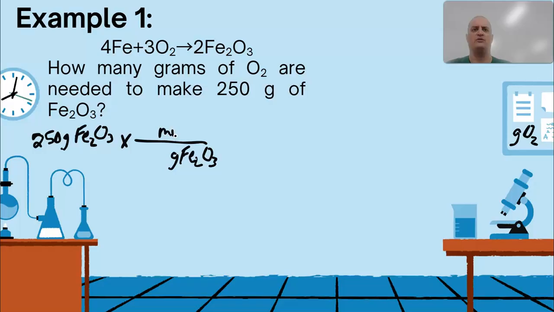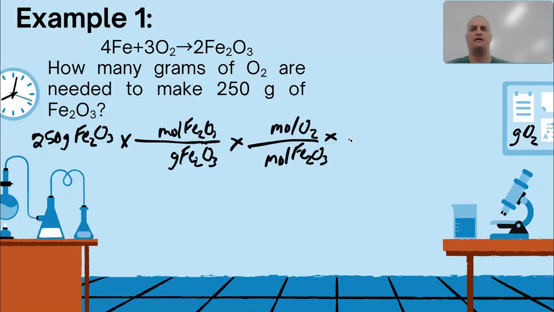Grams are related to moles of the same substance. I'm not in O2 yet, so this would be moles of my neighbor, Fe2O3. And once I'm there, I can relate to moles of the substance I'm trying to find, oxygen. Moles aren't grams. Moles on top, moles on the bottom.